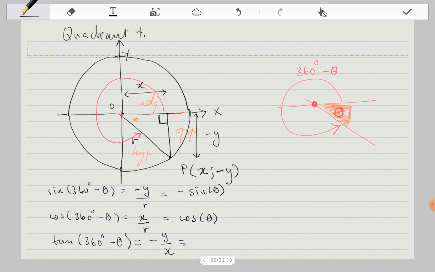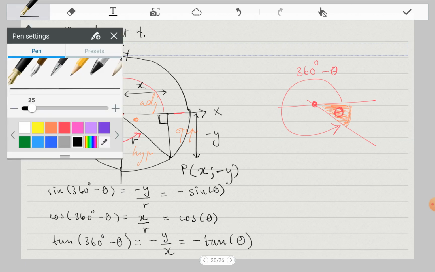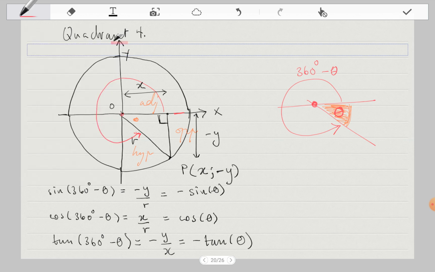Isn't that so? And that would give us minus tan of theta. So to summarize here, we see that the sine became negative and the tangent became negative, and the cosine became positive in the fourth quadrant.